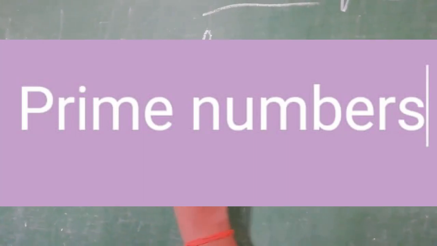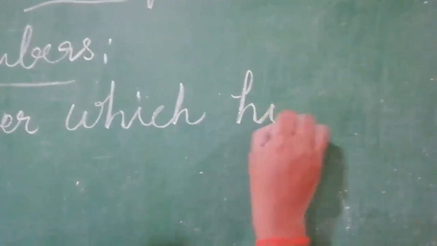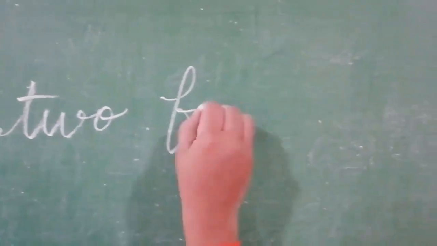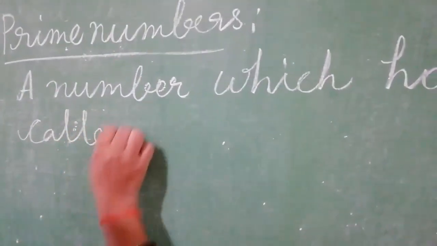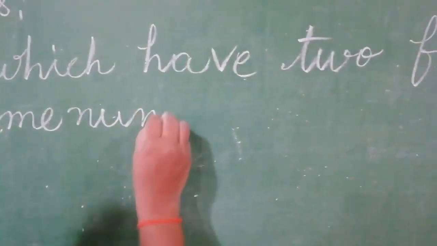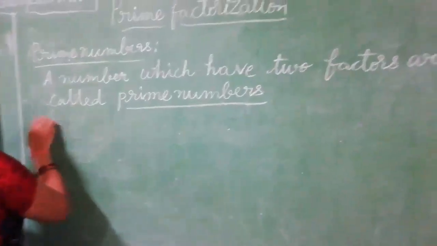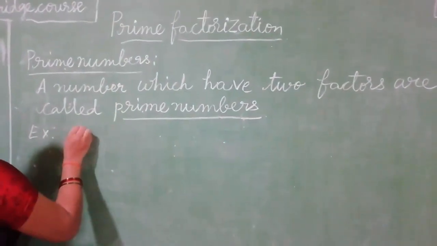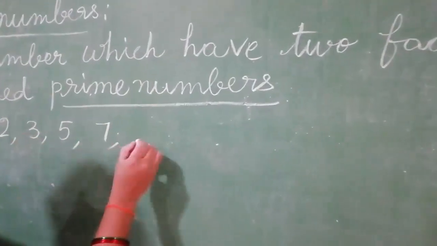Numbers which have two factors are called prime numbers. Example: 2, 3, 5, 7, and so on.